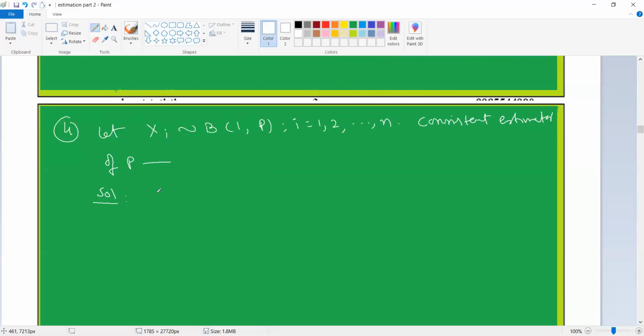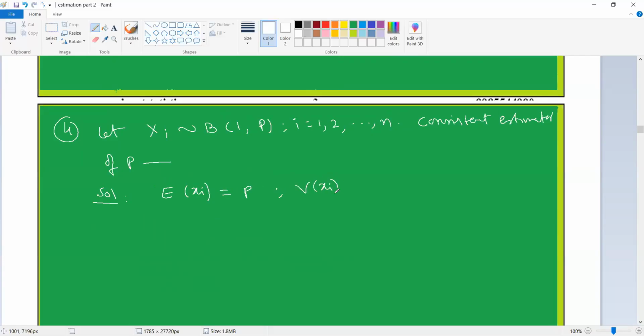Now, let x1, x2, xn be a random sample drawn from this Bernoulli population. The parameter is p. We have to identify which one is the consistent estimator of p here by applying the sufficient condition for consistency. First of all, E of xi is equal to p.